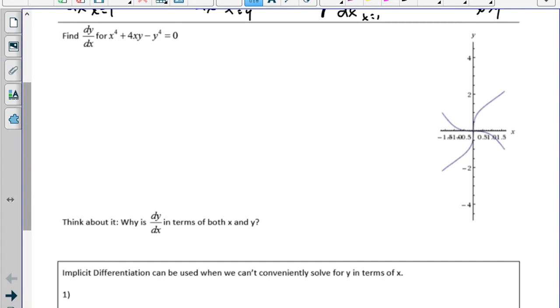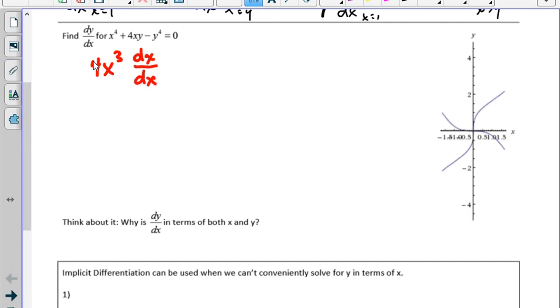So here's an example. We're going to take the derivative of everything. We're going to do 4x to the third. Now, one thing that we haven't really talked about is that when we take the derivative dy dx, whenever we take a derivative of a variable x, we're actually taking the derivative of x with respect to x.